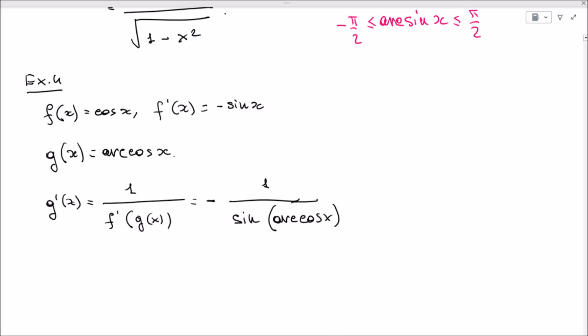And we have another, again, the same problem, because the sine and arc cosine do not cancel each other. We need to express sine in terms of the cosine.